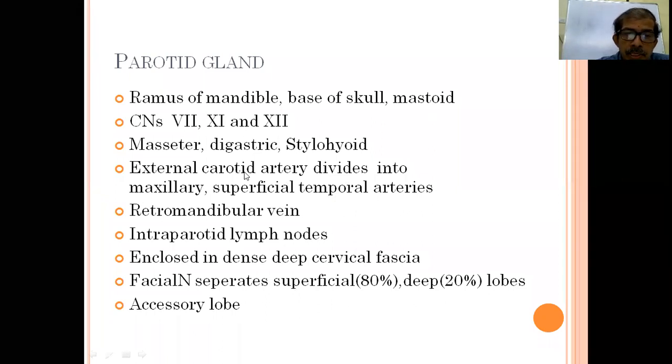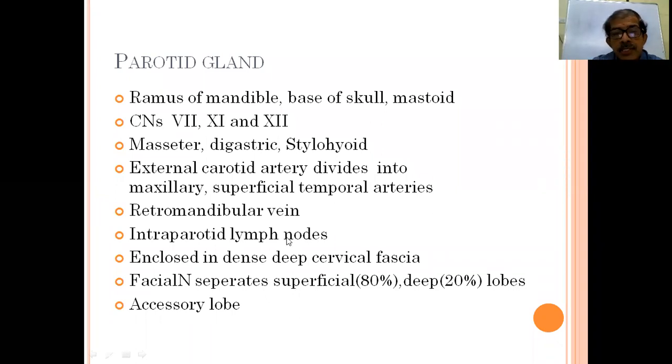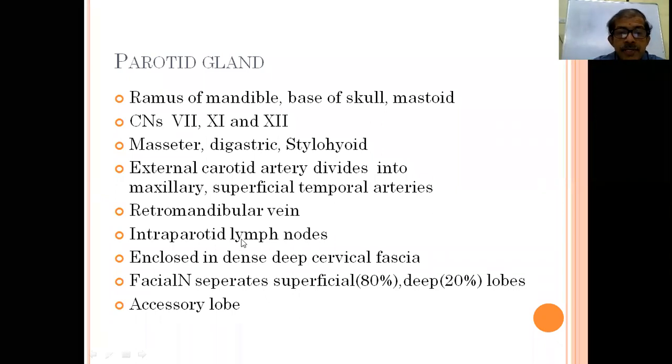Accompanying this artery is the retromandibular vein, which is formed by the corresponding veins of these arteries. There may be lymph nodes also within the gland substance, and the gland itself is enclosed in dense deep cervical fascia, right?